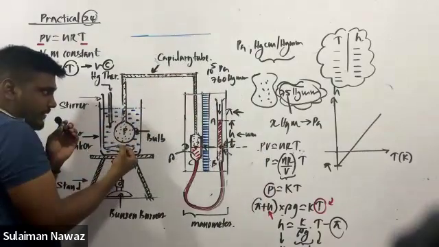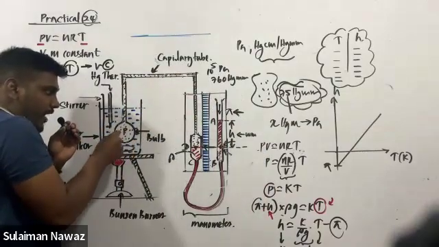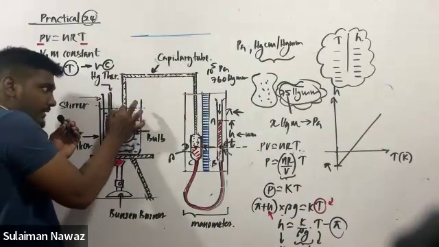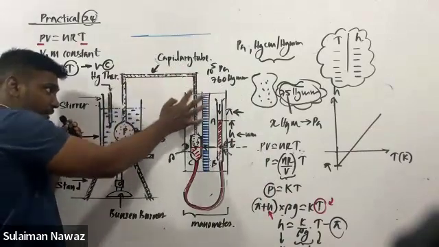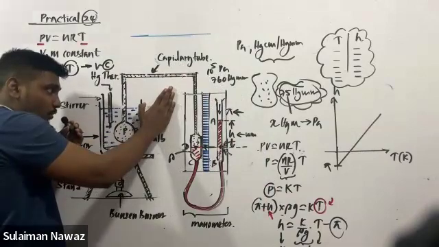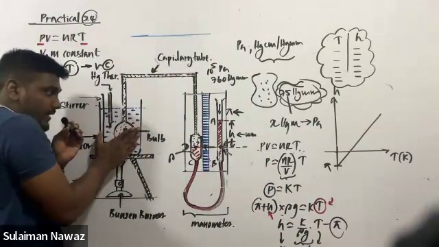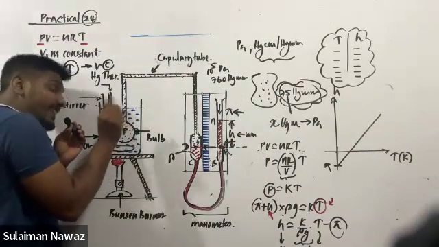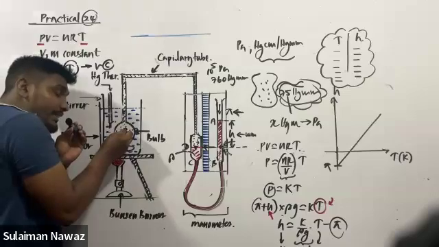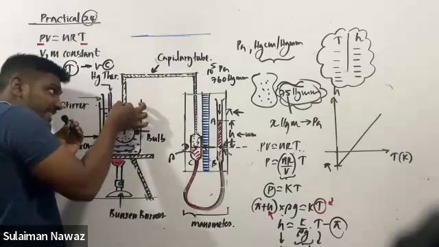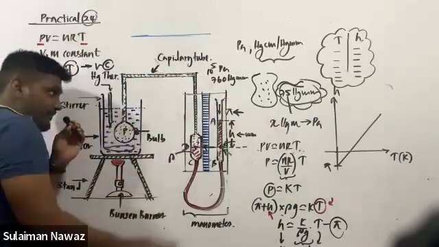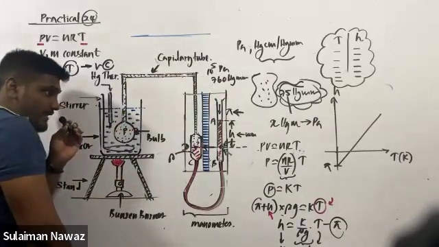How do we heat the gas inside the bulb? By using the water only, right? But the air in the capillary tube does not undergo the temperature that we heat. We want to increase the temperature of the gas inside the bulb, but the gas in the capillary tube does not reach that temperature. It's a problem.